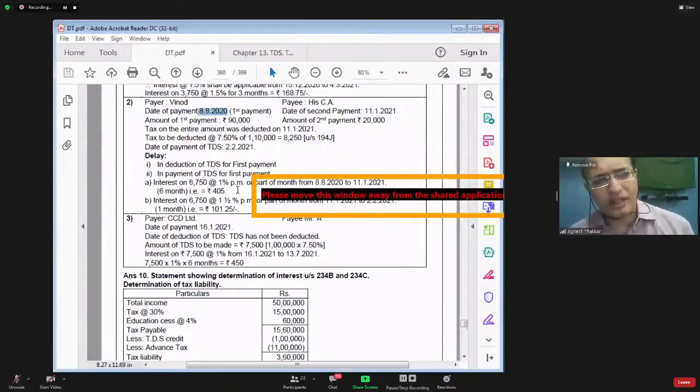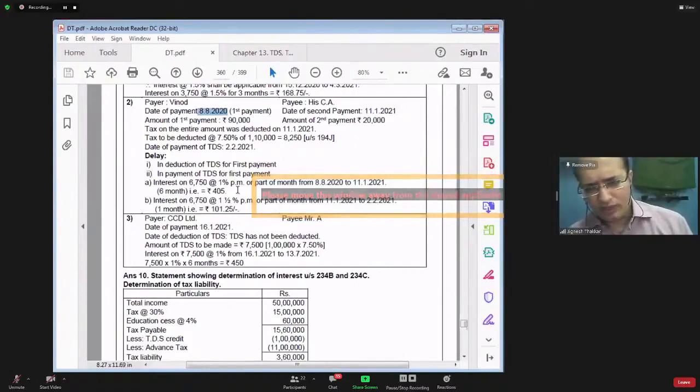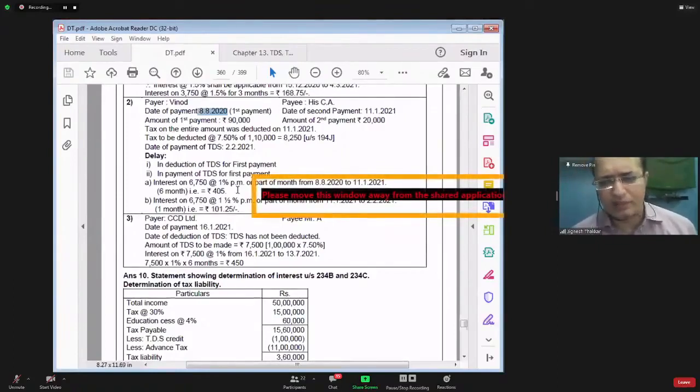So 8th September is 1 month. 8 October 2 months, 8 November 3 months, 8 December 4 months, 8 January 5 months, and then 3 days. 5 months and 3 days is how many months?